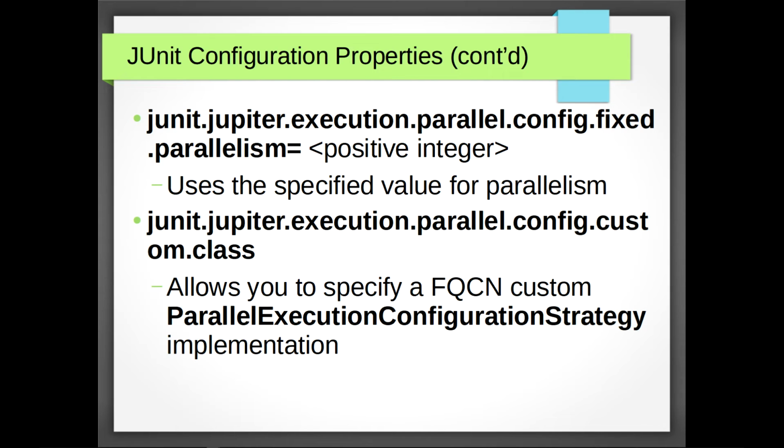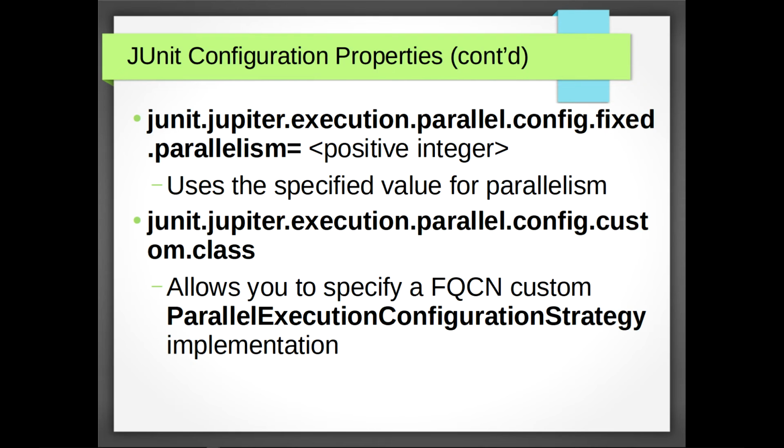So what it does is it uses the specified value for fixed parallelism, which means you basically specify the maximum number of threads in the thread pool. And once again, the JUnit runtime will take your desire under strong consideration, but it does not guarantee that it will fully adhere to the number you name.